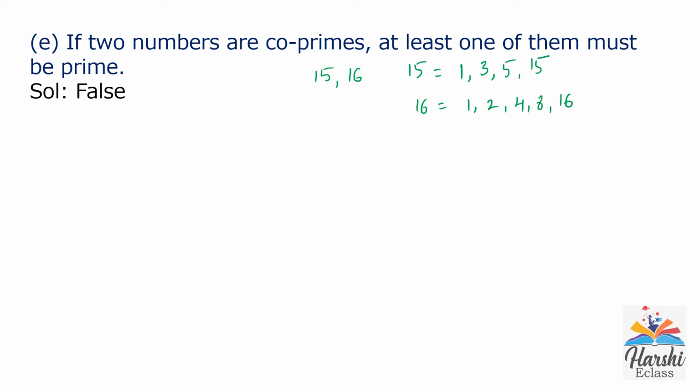Common factors of 15 and 16 are only 1. So 15 and 16 are co-primes. But both are composite numbers. There is no prime number in these two numbers. So this statement is a false statement.